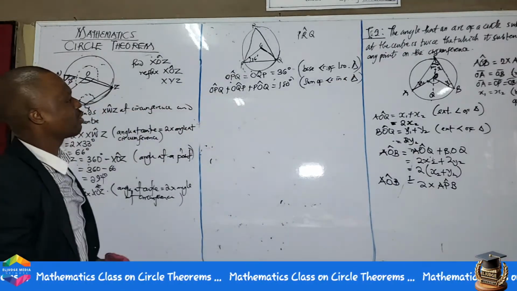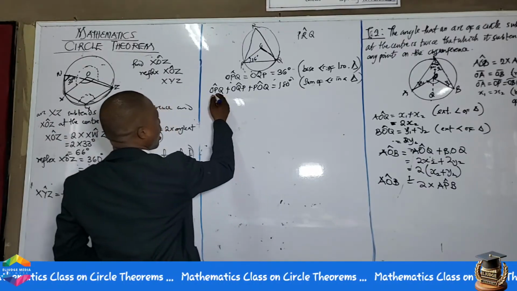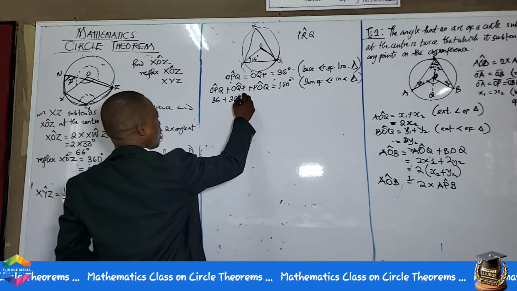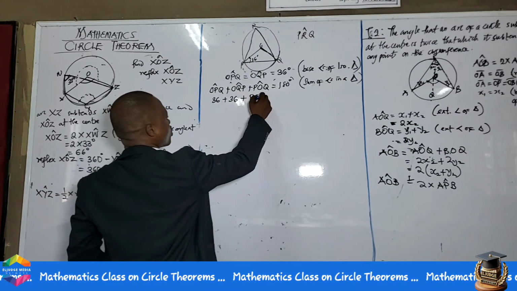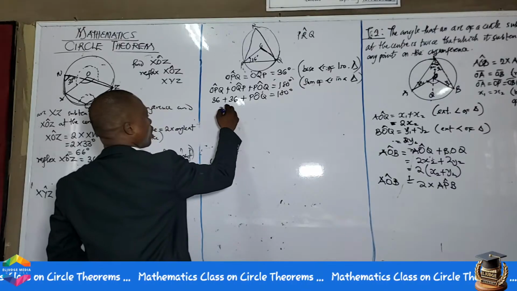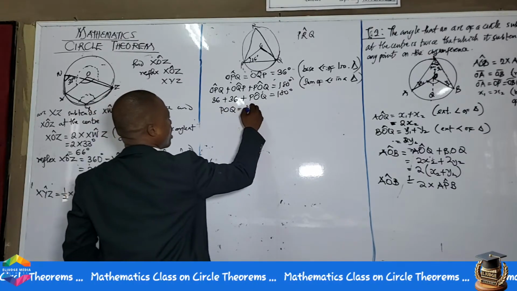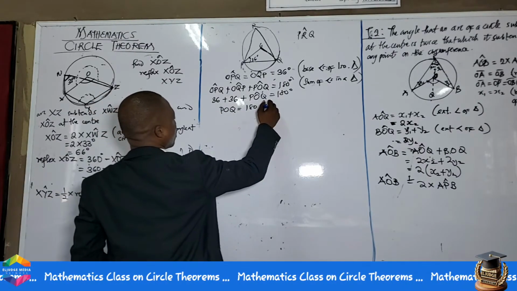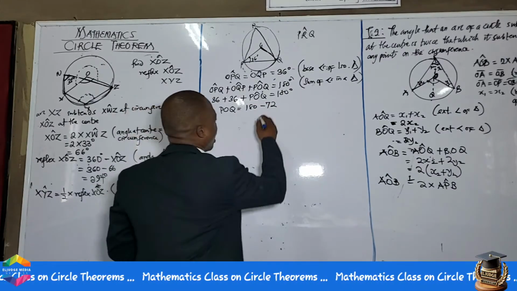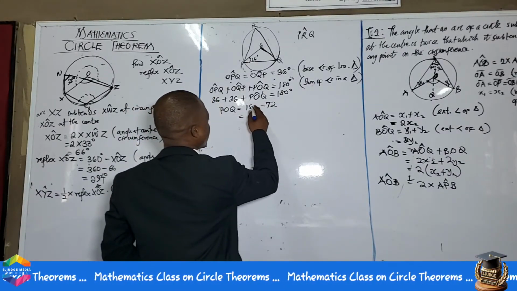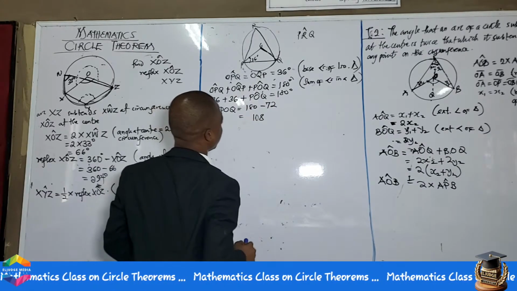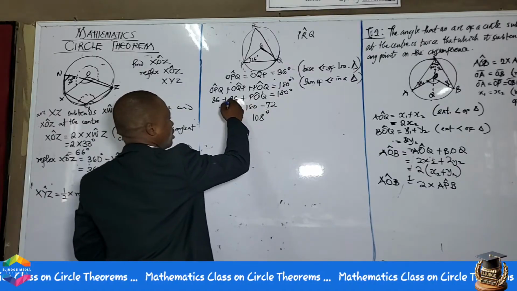So we have OPQ is 36, plus OQP 36, plus POQ is what we are looking for, and this is 180 degrees. So POQ equals 180 minus 72, and that should give us 108 degrees.